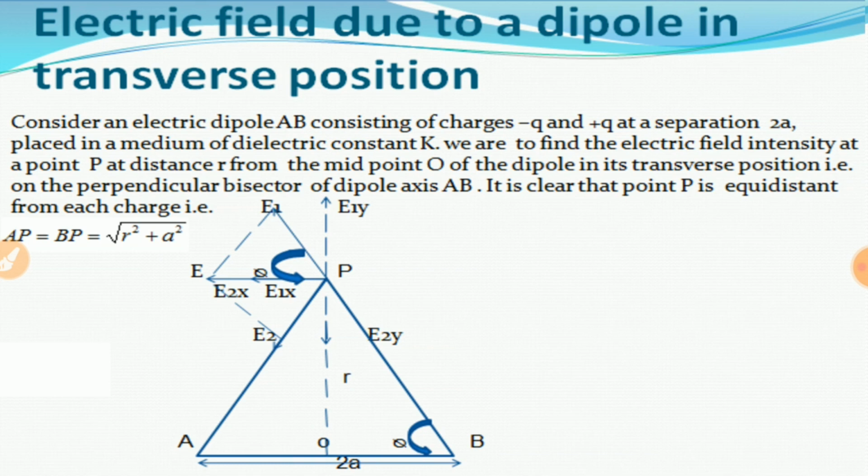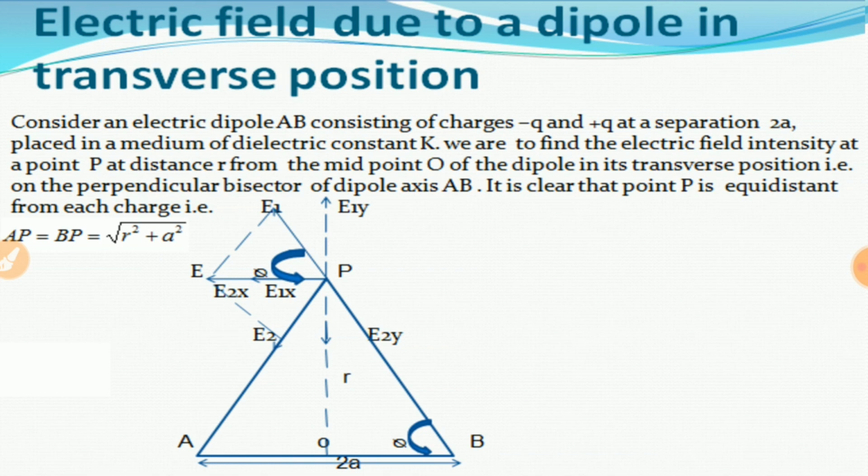So we are resolving here E1 and E2, the electric field components. Along the x and y directions, the components of electric field for E1 are E1x = E1 cos theta along the x-axis and E1y = E1 sin theta along the y direction. For E2, along the x-axis E2x = E2 cos theta, and along the y direction E2y = E2 sin theta.